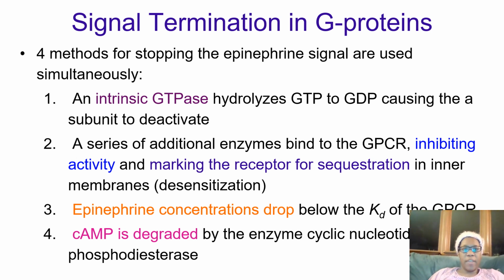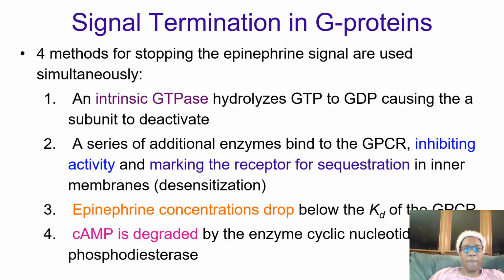The third method for stopping the epinephrine signal is that the epinephrine concentration drops below the KD. Once the fearful signal is lost, your body stops producing so much epinephrine, and the concentration of epinephrine drops below the KD, so we get less binding to the receptor.